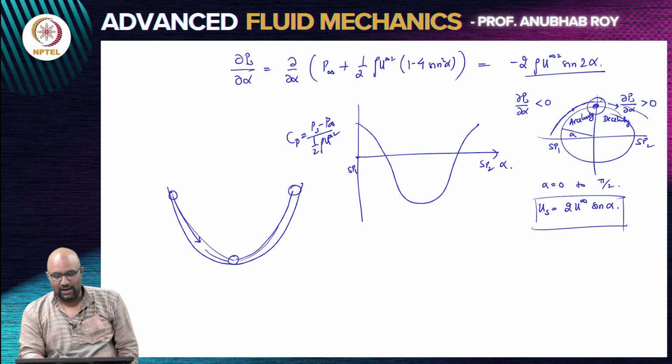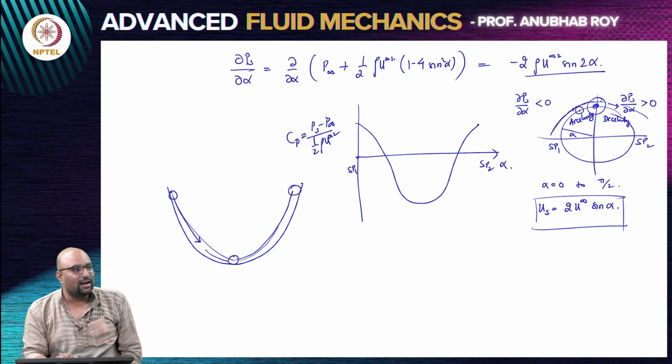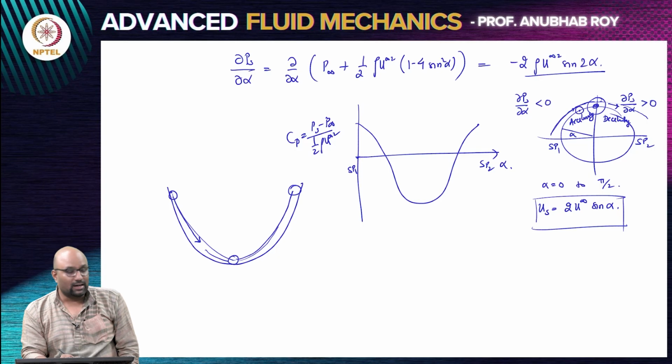But when experiments were done, they found that it actually was occurring somewhere here, a little before, in the accelerating zone. So that was a little surprising, because you found from experiments that the point of separation for the cylinder was slightly in the accelerating zone, contrary to what the theory was predicting.